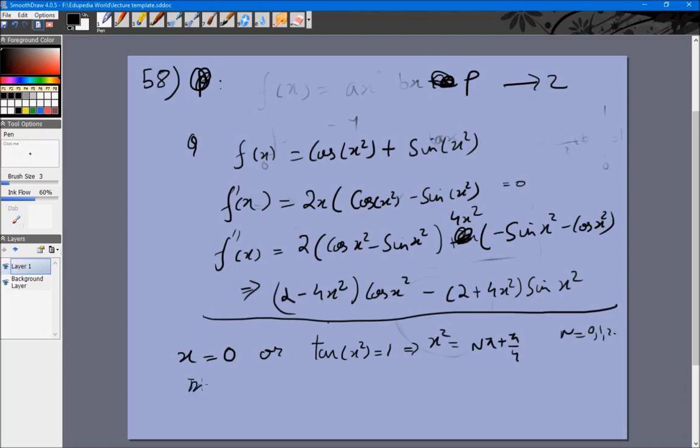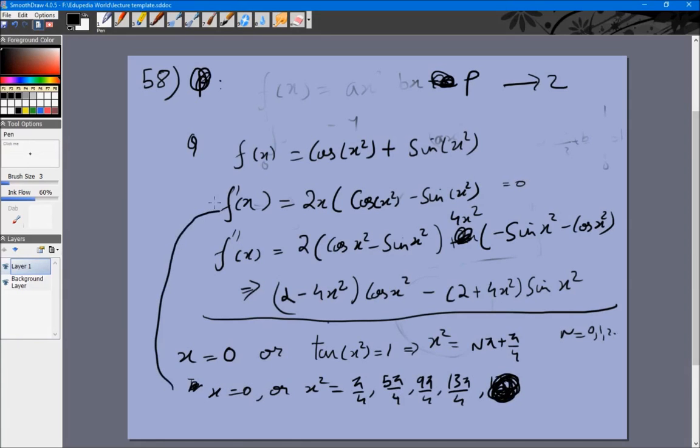So x is 0 or x squared is equal to pi by 4, 5 pi by 4, 9 pi by 4, 13 pi by 4, 17 pi by 4. But 17 pi by 4 now, and by the way, x square has to be positive, right? 17 pi by 4 goes beyond 13, and we know that x square cannot go beyond 13 because x is between minus root 13 and root 13. So we won't take this one, right? So there are 4 values of x squared here, and x can be 0.